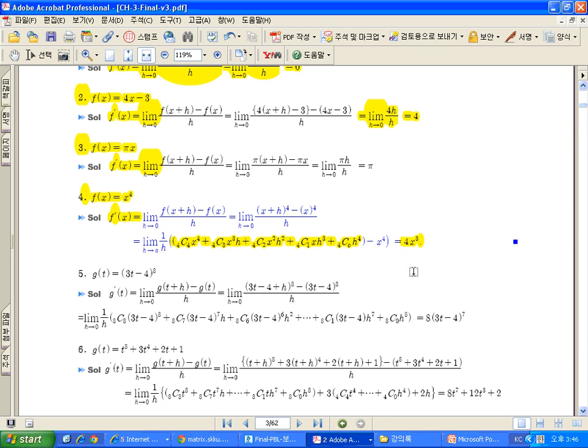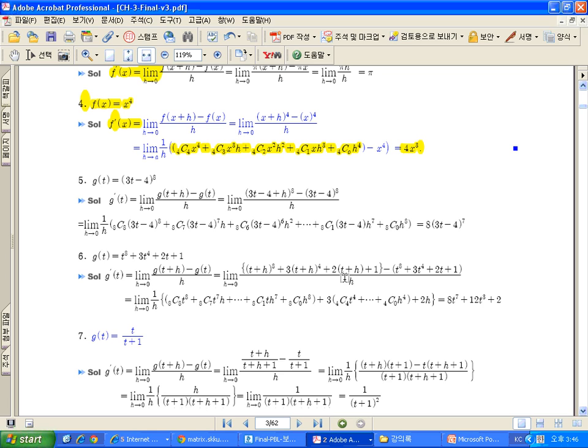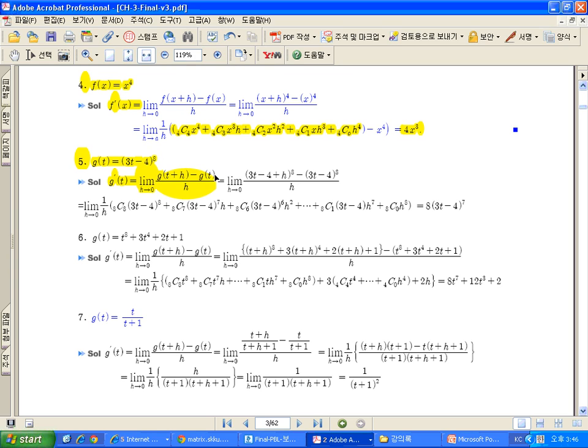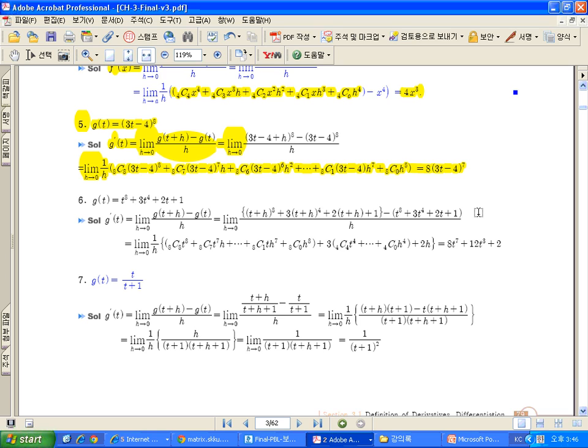So just this. You must be familiar with it. You would find the derivative of this now by using the power rule. But if you have to use the definition of the derivative, then this is the way that you have to follow to get the solution.